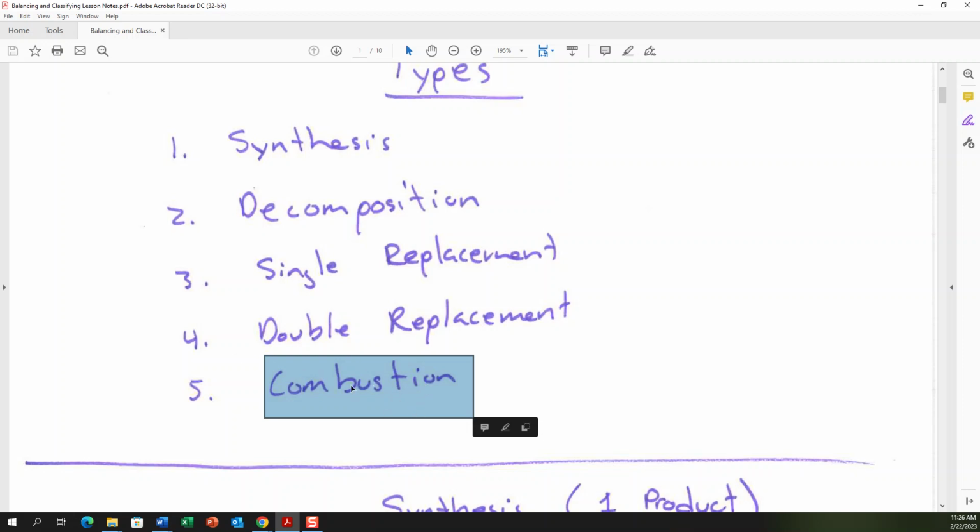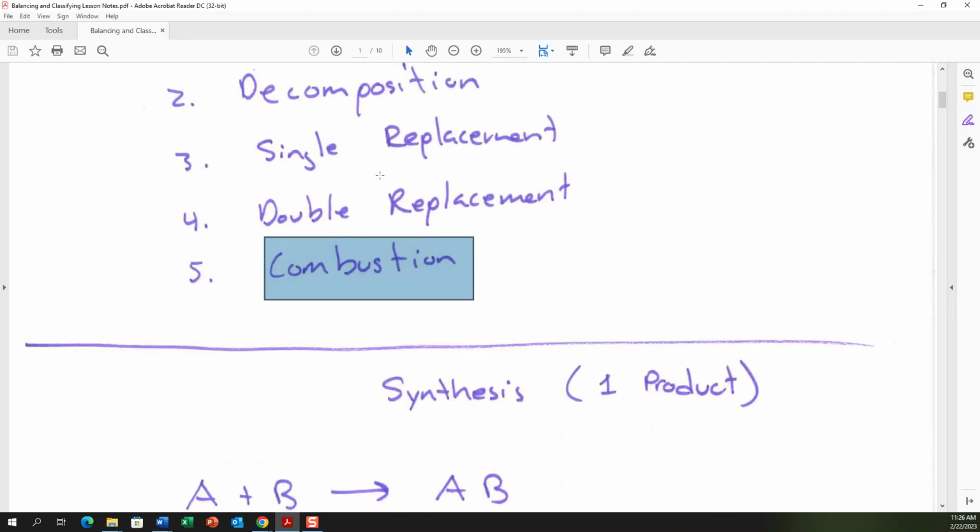So this is going to be real easy to spot because it's going to be some kind of organic compound plus oxygen, and the products are always going to be CO2 and H2O, so carbon dioxide and water. So those are the ones that are easiest to classify, but it turns out they're the most difficult to balance. All right, but let's go ahead and jump into it, and let's go through each type.